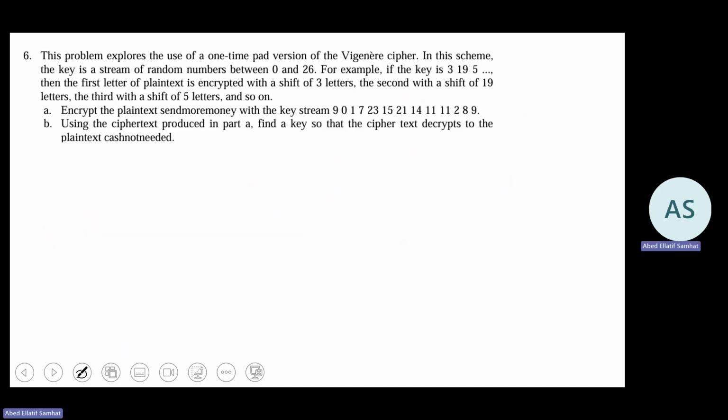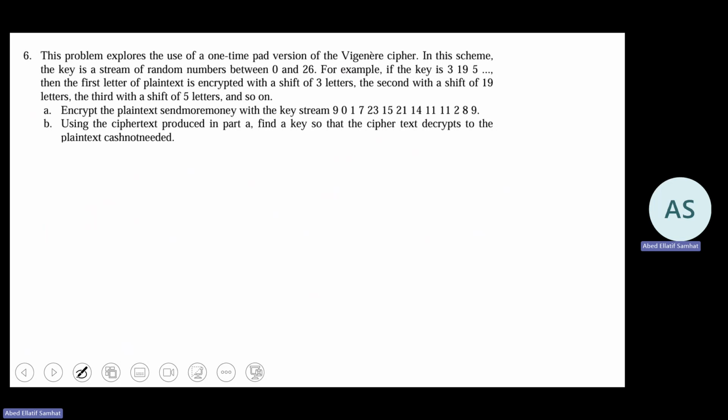Let's continue with exercise 6. So this problem explores the use of the one-time pad version of the Vigenère cipher. So in this scheme, the key is a stream of random numbers. We will explain the stream cipher in the next chapter. So here the key is a stream of random numbers between 0 and 26.